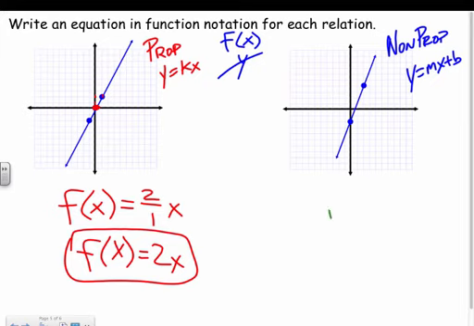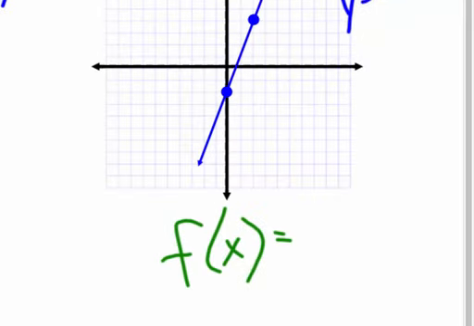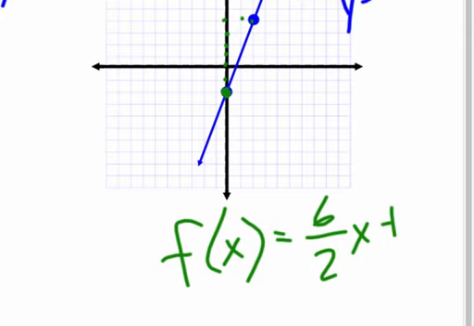So here, I'm replacing y with f of x. Can I find the slope? Well, from one point to the other it went up 1, 2, 3, 4, 5, 6. It went up 6. It went right 1, 2. And then it has a y-intercept, well, I can tell, right? It shows it. It crosses right here at negative 2.